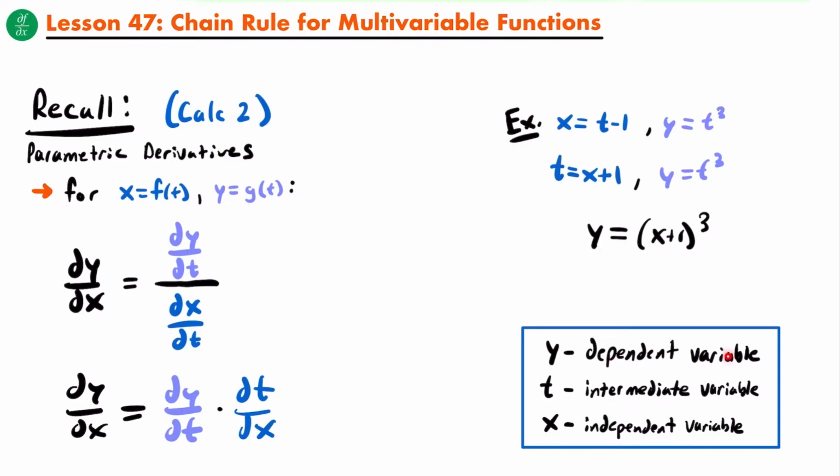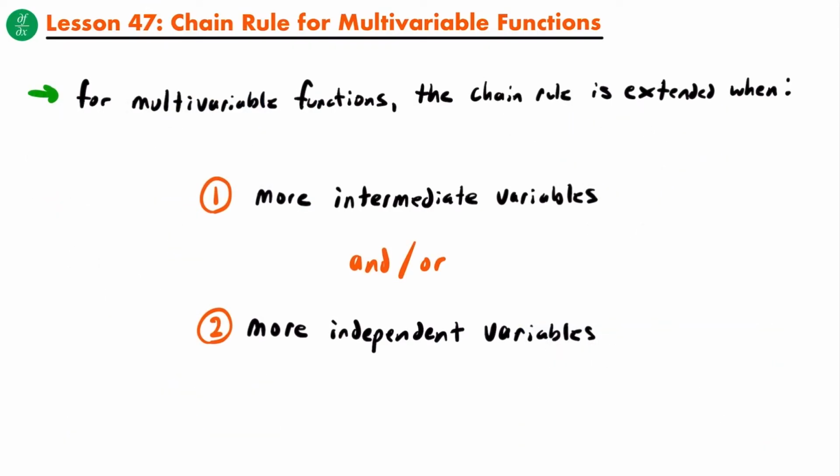There's always one dependent variable, that's not going to change, but in these instances where we have been using the chain rule, there has only ever been one intermediate variable and one independent variable. Okay, and so when we extend the chain rule to multivariable functions here in Calculus 3, what's actually going to change here is one of those two numbers, or possibly both. We will either change the number of intermediate variables, meaning that there will be more of them, and or we will change the number of independent variables.